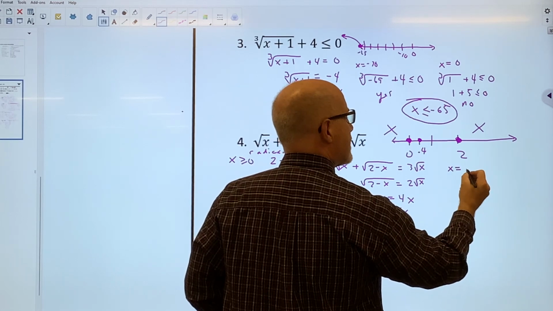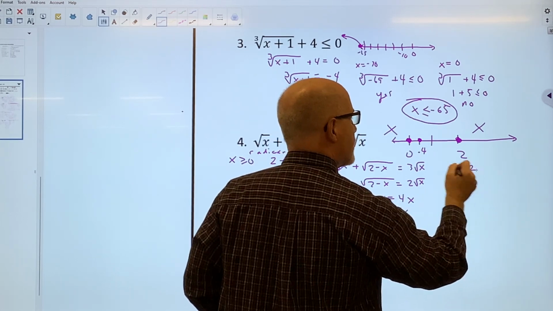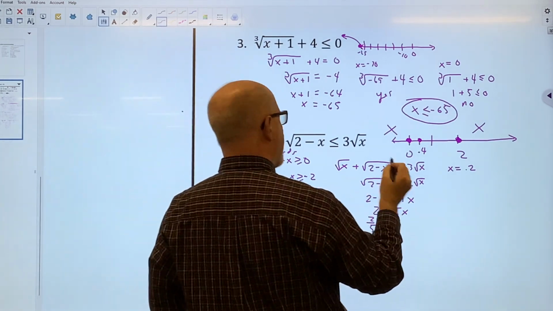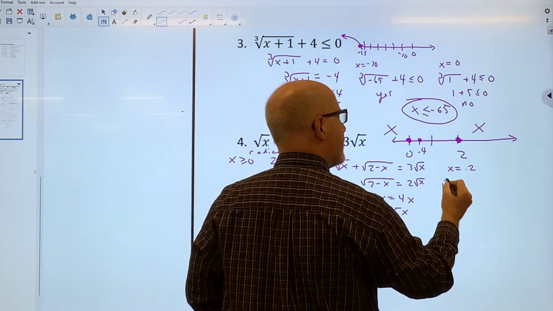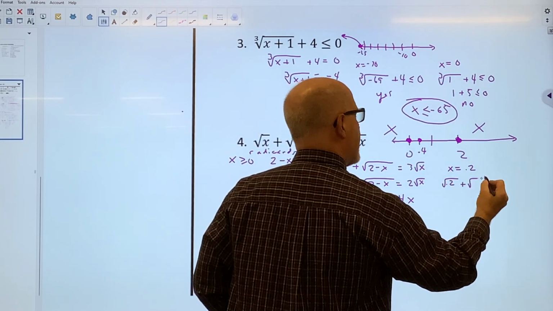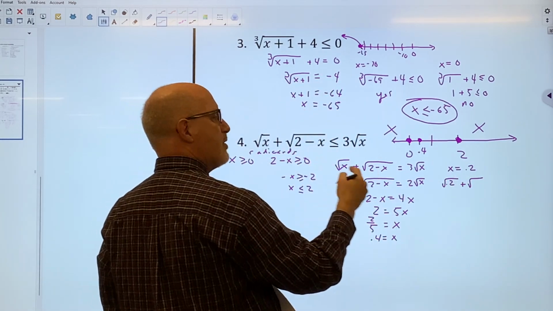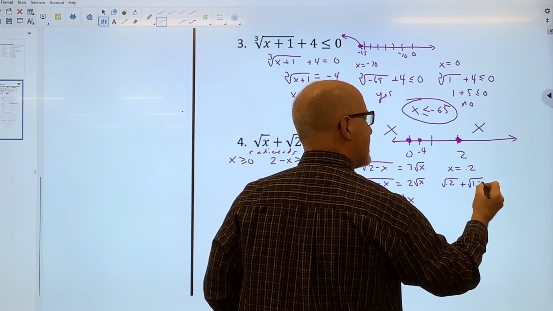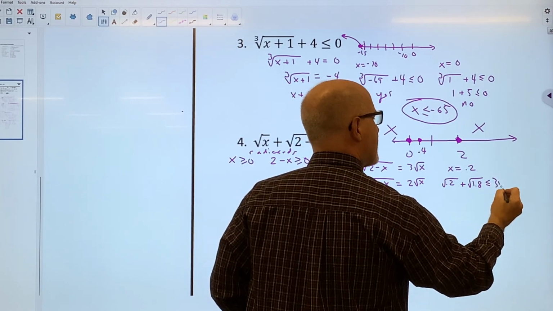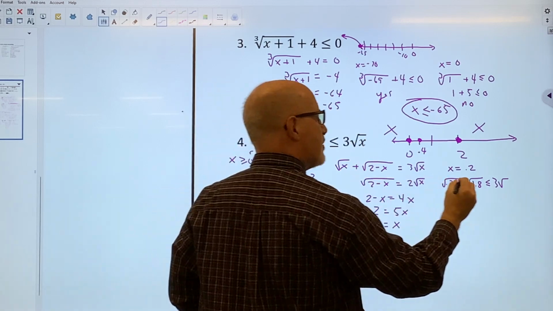Let's put in x equal to 0.2, which is right between 0 and 0.4. Let's try it out. Is the square root of 0.2 plus the square root of 2 minus 0.2, which is 1.8, less than or equal to 3 times the square root of 0.2?